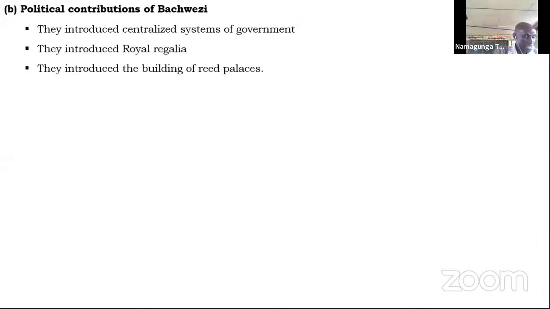So the political contributions we have, they introduced centralized system of government, royal regalia, and the building of reed palaces. So those are the political contributions. Now let's move to the next one. C. We are looking at the social contributions.